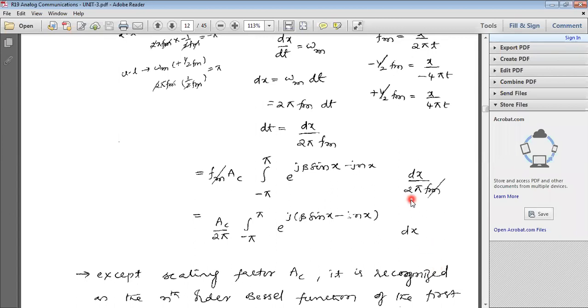Since 1 by 2 pi fm is a constant, you take it outside, then fm cancels, and it becomes Ac by 2 pi, integral from minus pi to pi. Write the same as it is: e power j into beta sin x minus jnx dx.